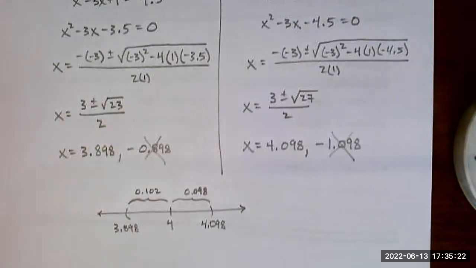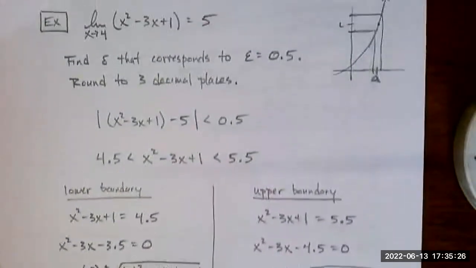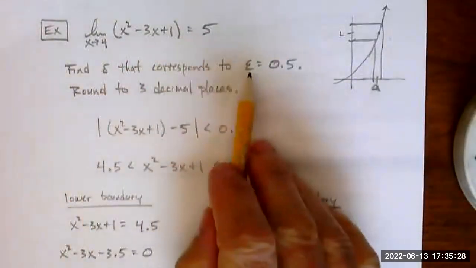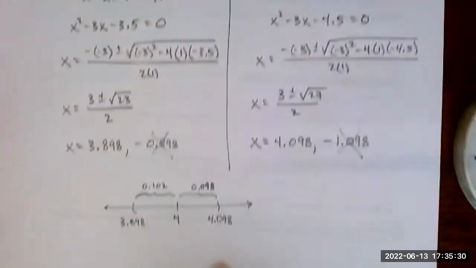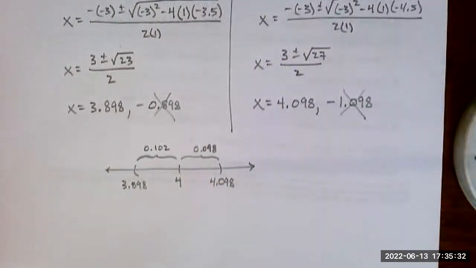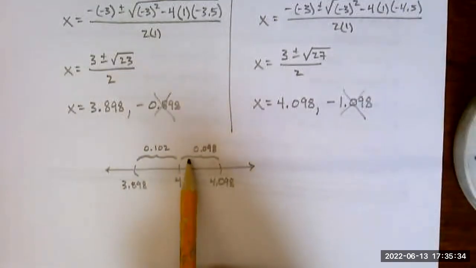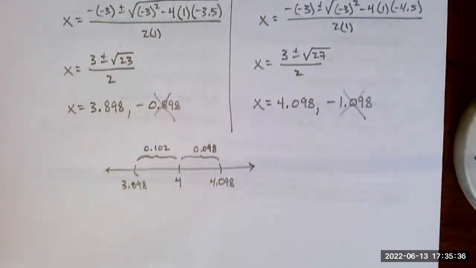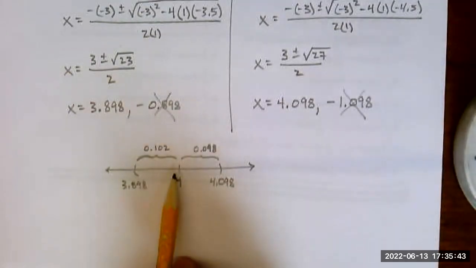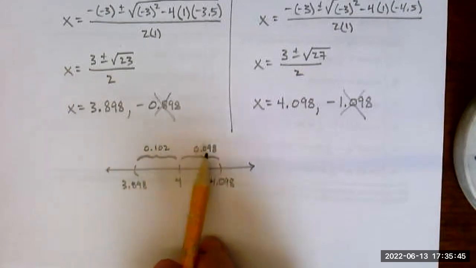Okay. When we get an answer for delta, find delta. There's only one number that it can be. And delta is the distance away, right? The distance from 4. So should we take delta to equal the bigger number of the 2?